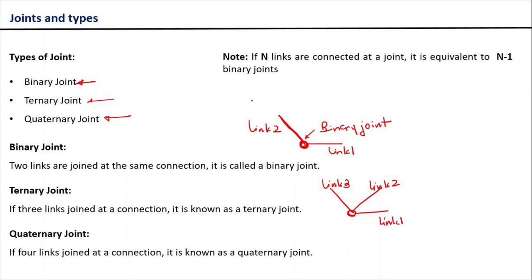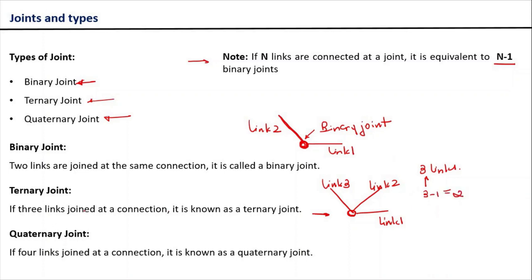Now, a very important note: if n links are connected at a joint, it is equivalent to n-1 binary joints. So what does it indicate? Let us consider the case of a ternary joint. Here at a ternary joint, three links are connected. If you subtract 1 from this 3, it becomes 3 minus 1 equals 2.